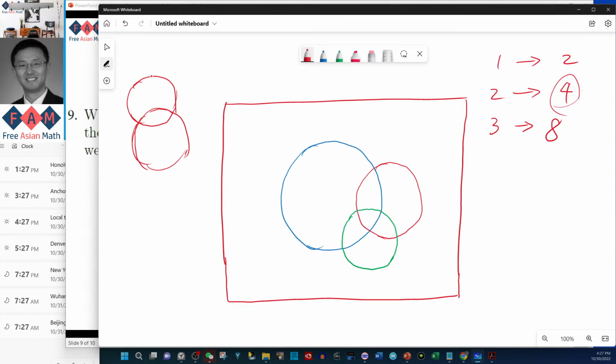So now, first we have 2 questions to answer. Each time when we add a circle, can we make sure that it will intersect all the existing circles? The answer is actually yes.